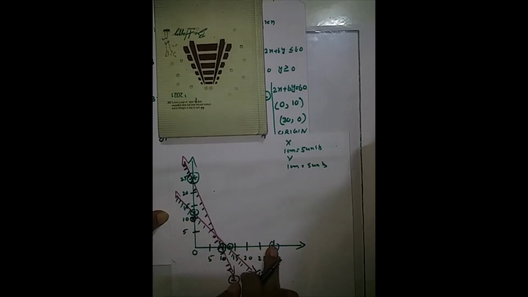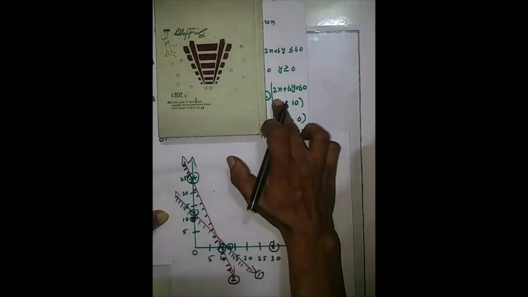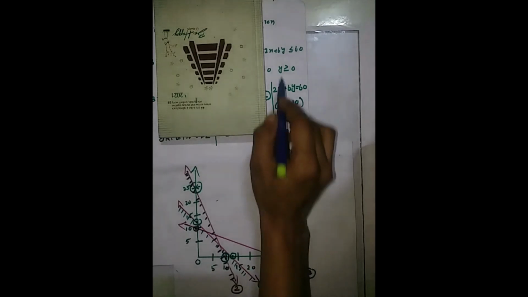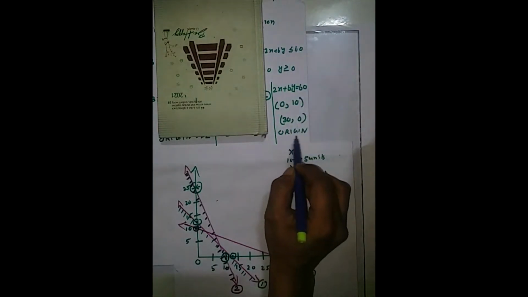Joining these 2 points, you will get 2x plus 6y equal to 60. Immediately give equation number 3. This inequality is also the origin side. We have to shade the origin side of equation number 3. So the origin side we are shading. Show the shading slightly.